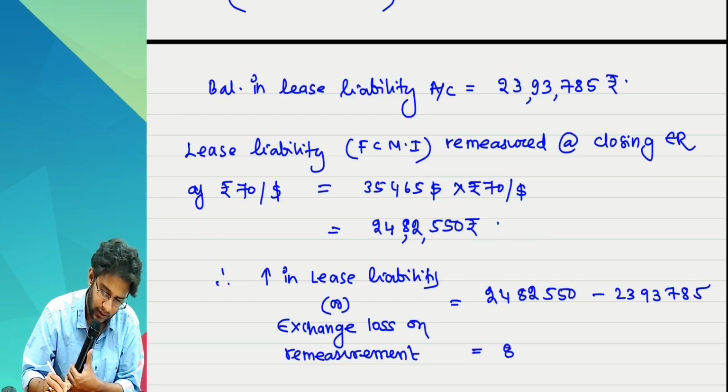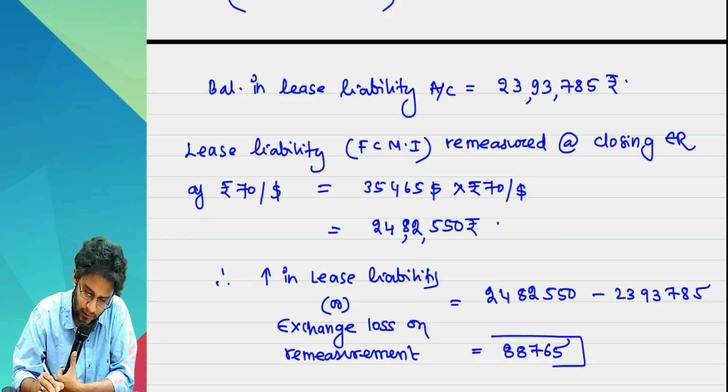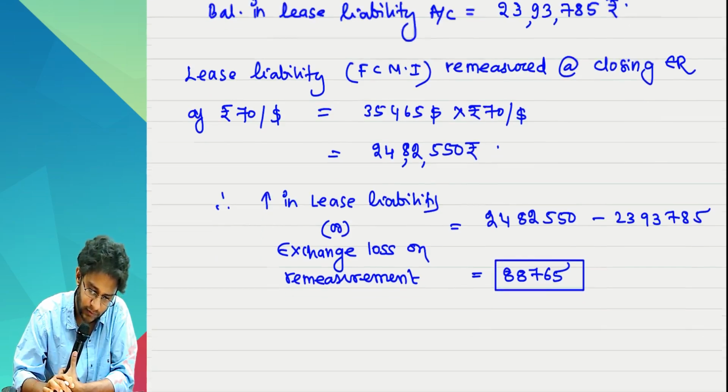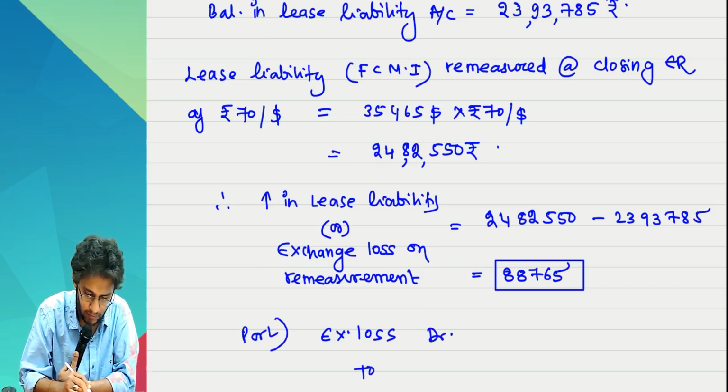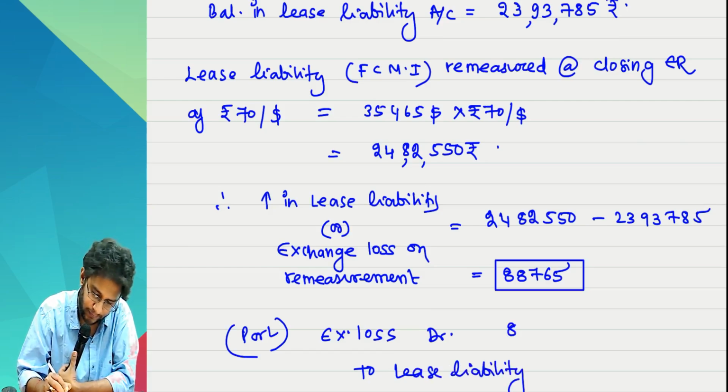That is 88,765 rupees. So for this, if you want an entry, that should be exchange loss account debit, of course to PRL, to lease liability account.